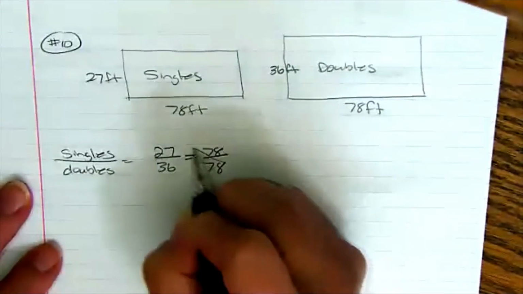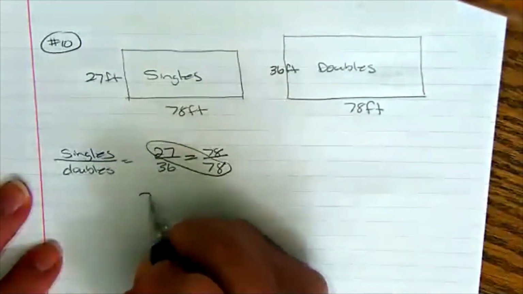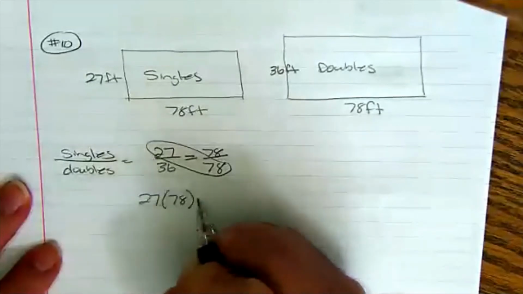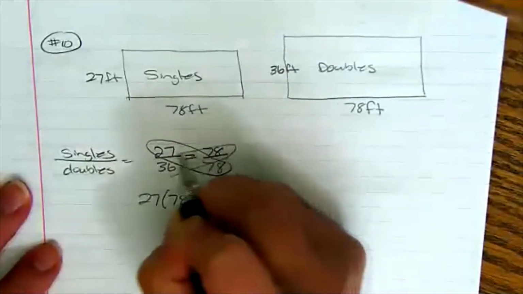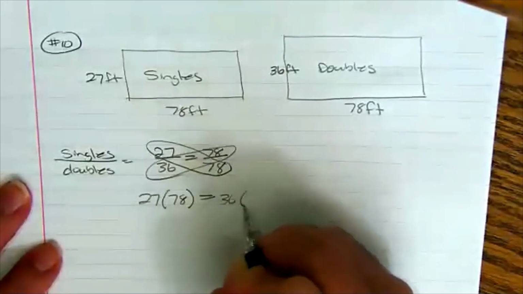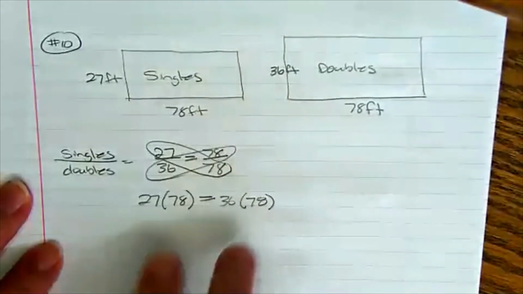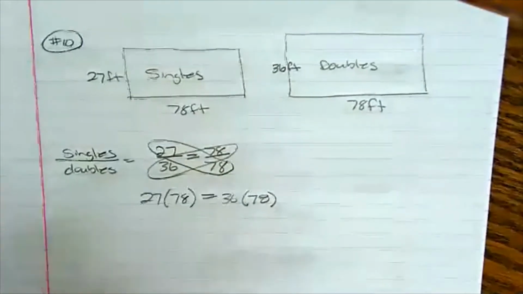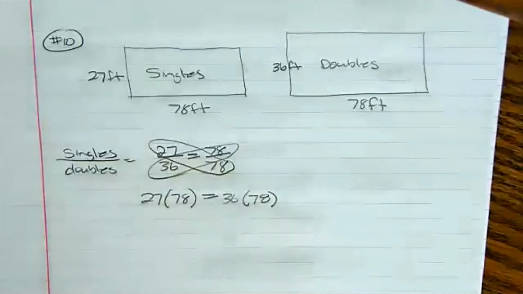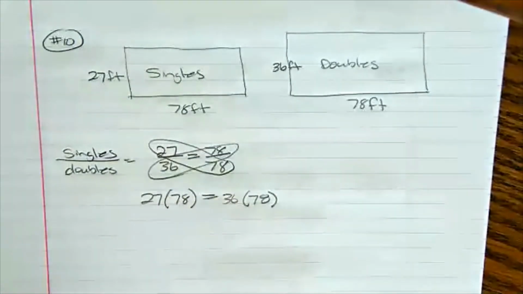So now we're going to cross multiply. 27 times 78 should be equal to 36 times 78. If they are equal, that is proportional, which means they are similar. If they are not equal, then they are not proportional and they are not similar.